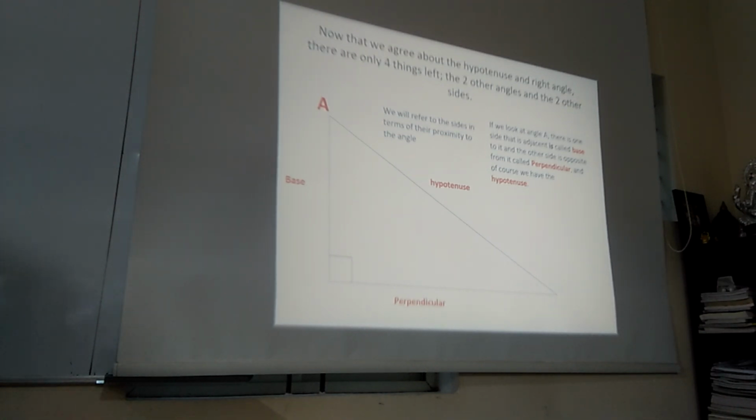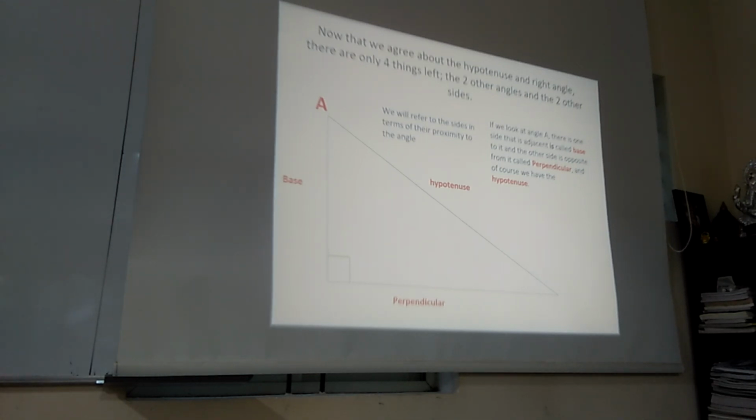Now using these, adjacent, opposite, or base, perpendicular, hypotenuse, we will be writing a few combinations of ratios. Clear? How will you write the adjacent side? How will you write the perpendicular side? Doubts?